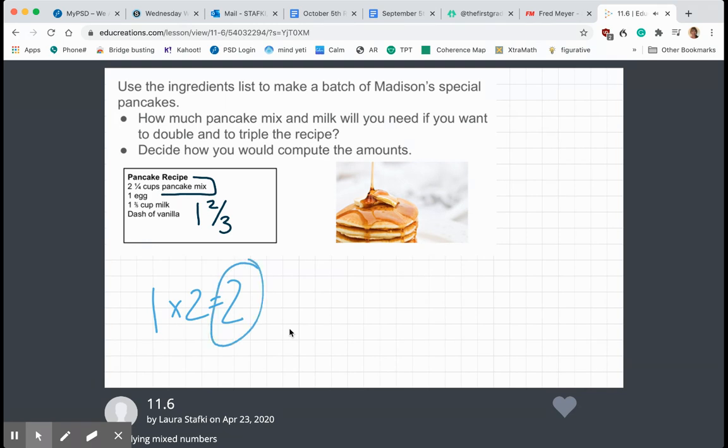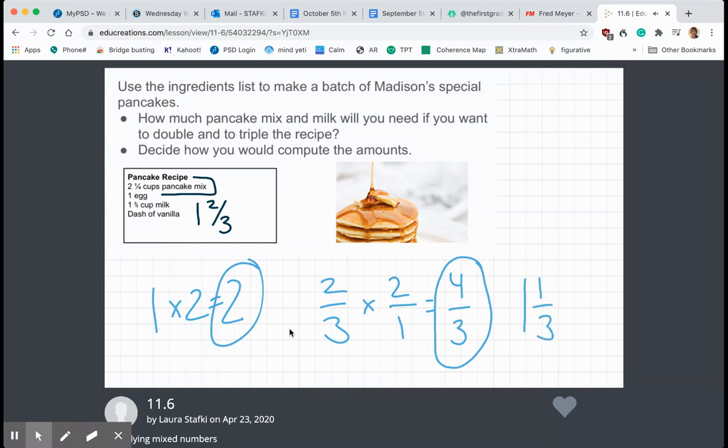Now I'm going to go 2/3 times 2 equals 4/3. Now you'll notice I have a fraction greater than 1, so I'm going to divide it, and I get 1 and 1/3.